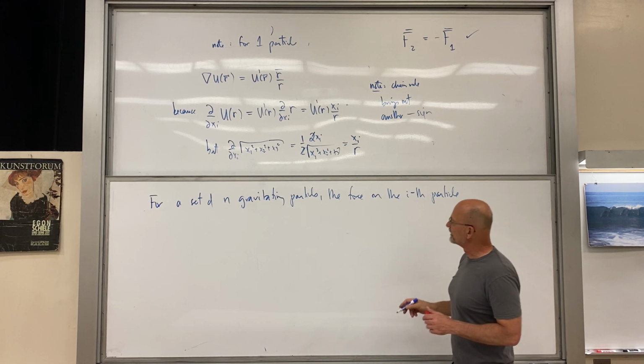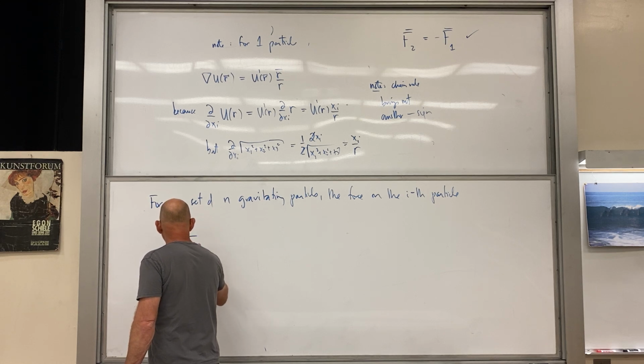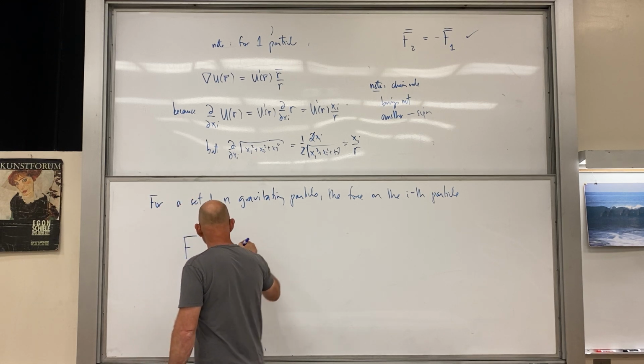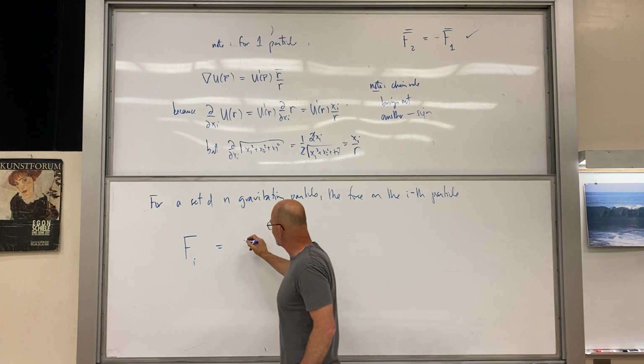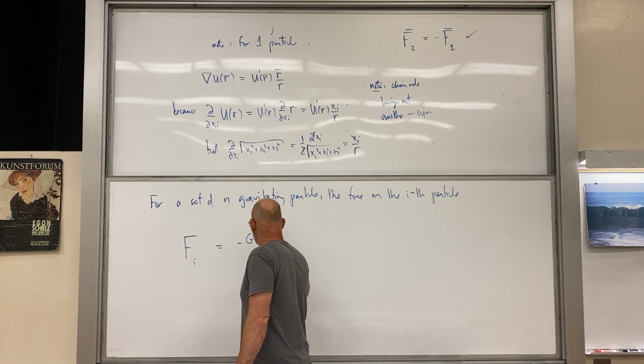And the way we'll do that is this. We had the force on the first particle. Leave a little room here, okay? First particle was minus g. Well, I'm just going to write it out. You'll see this makes complete sense.